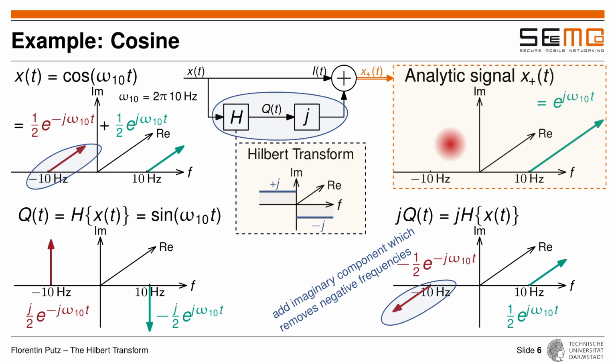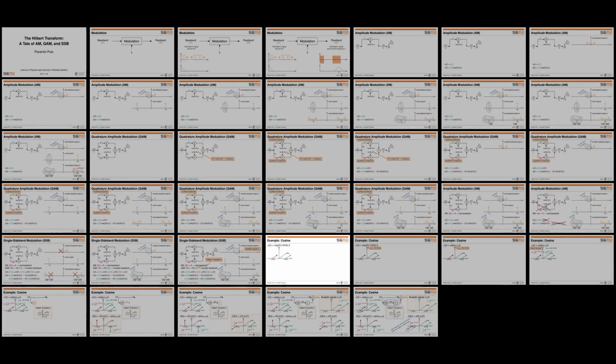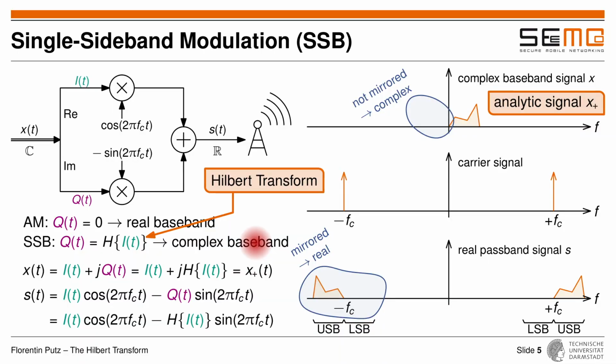Now, if we go back to single-sideband modulation, you can now see how we were able to construct this complex baseband signal here, which doesn't have any negative frequency components anymore. And if we now perform quadrature amplitude modulation on this, we actually get a passband signal, a real passband signal, with just an upper sideband.